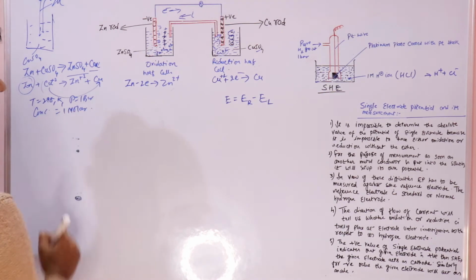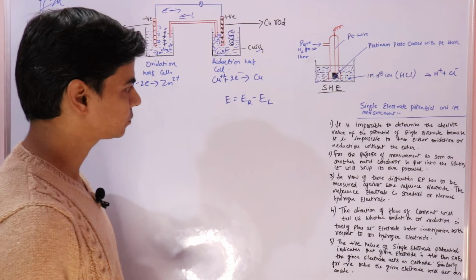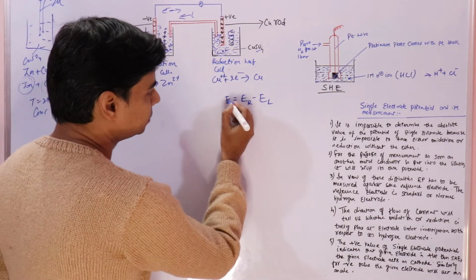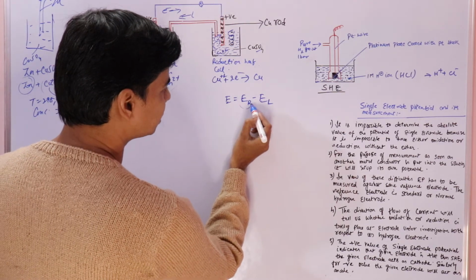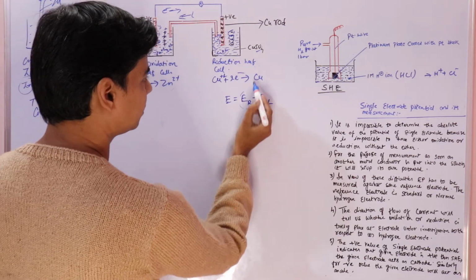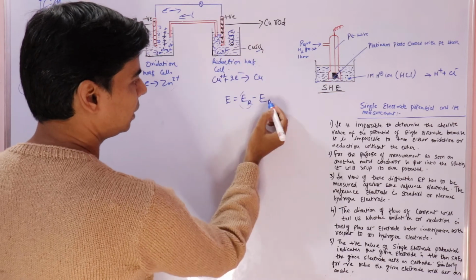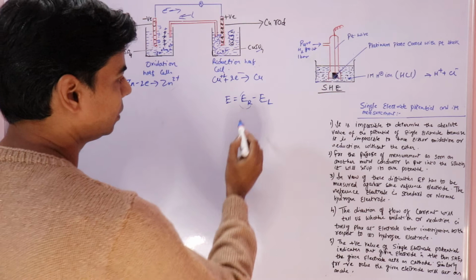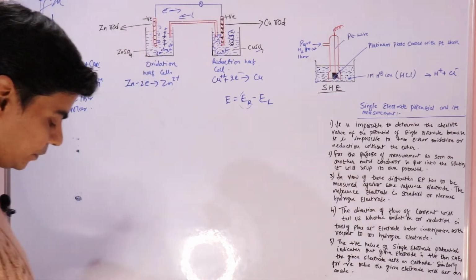Now, ER is the standard reduction potential of the right hand cell, that is cathode, and EL is the standard reduction potential of the left hand cell, that is anode.